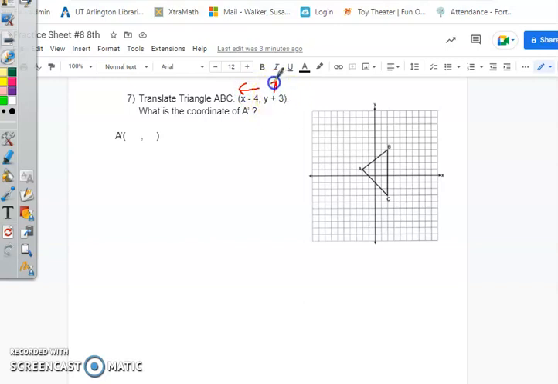This tells me I move up. So all I'm focused on right now is A. Left, 1, 2, 3, 4. Up, 1, 2, 3. And we get an A prime. Okay, so your job is to count from here and label the points.